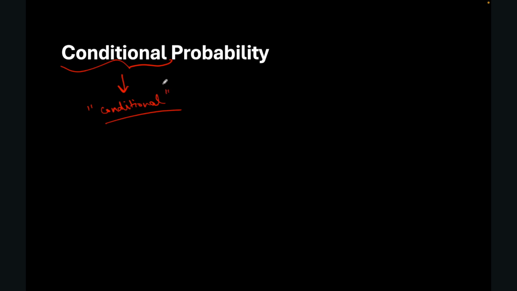Looking at the word as it is in English, conditional means under a condition, right? That if A happens, then B. If event A occurs, then only event B can occur.